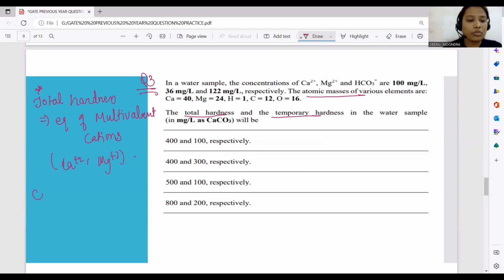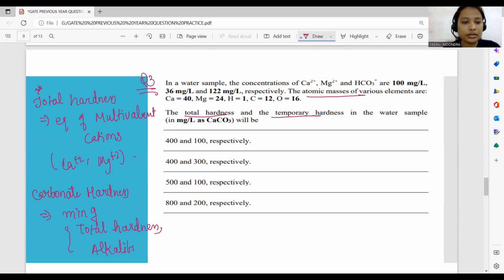Then the carbonate hardness is the minimum of total hardness and alkalinity. Okay, so first of all, let's calculate.